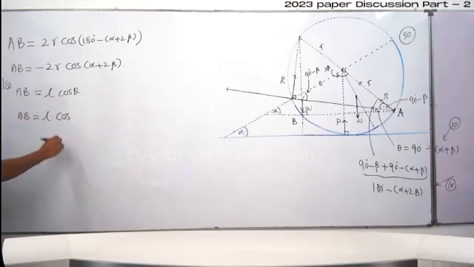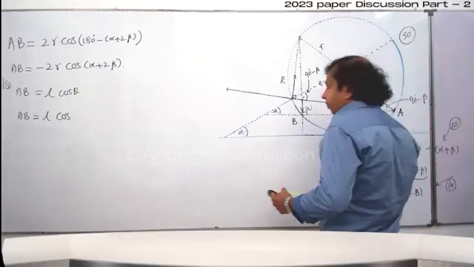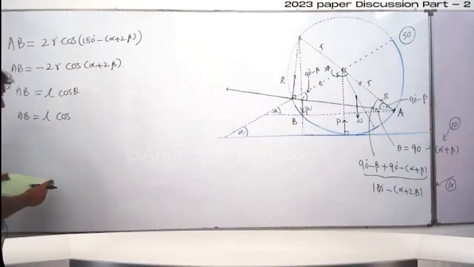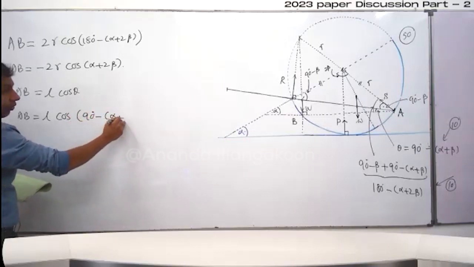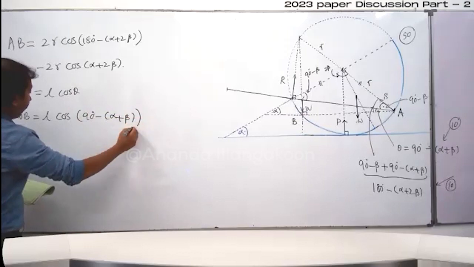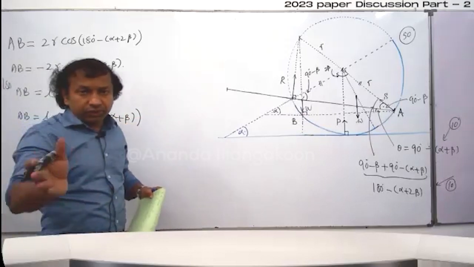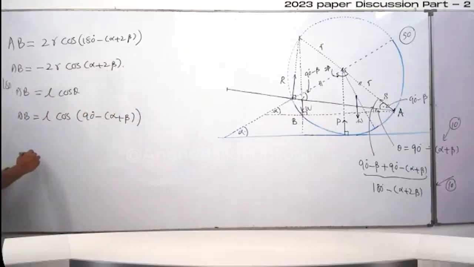What is theta? Theta is 90 minus L plus beta, right? You know, cos 90 minus theta is what, people? Cos 90 minus theta is sin theta, no? So therefore, we get L sin L plus beta here, no?